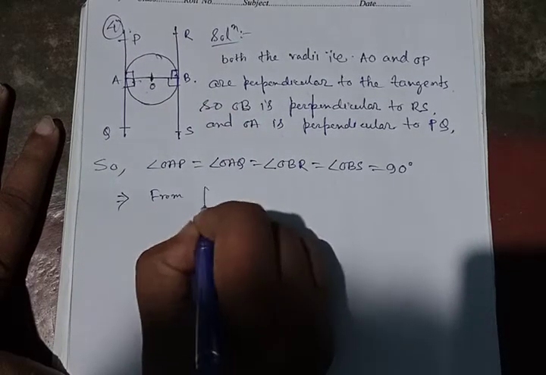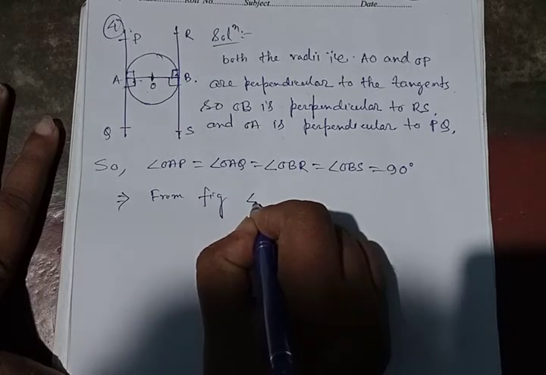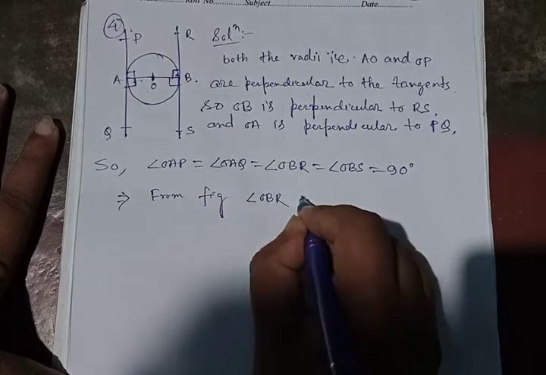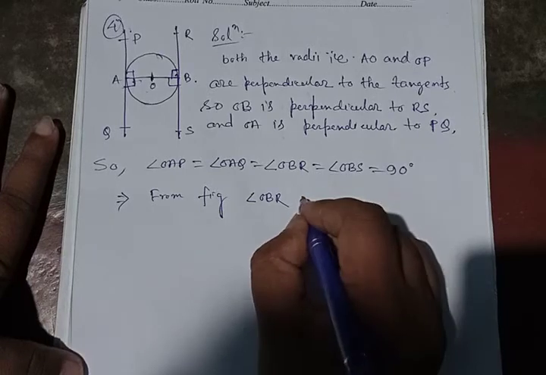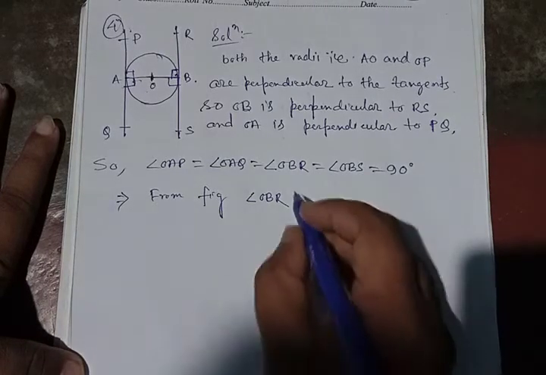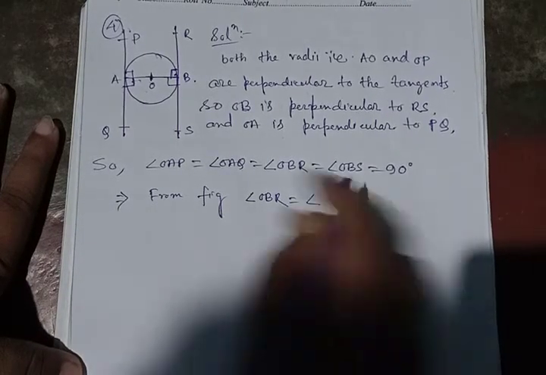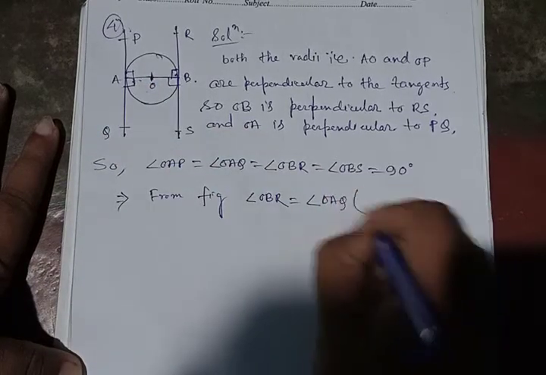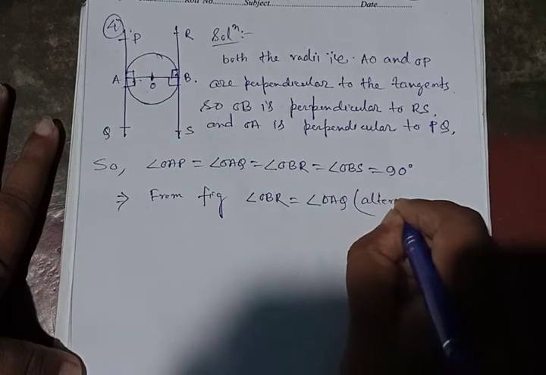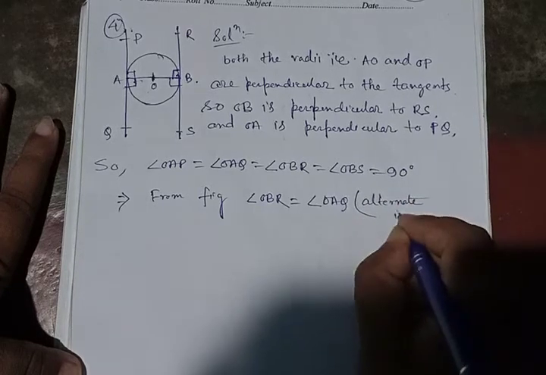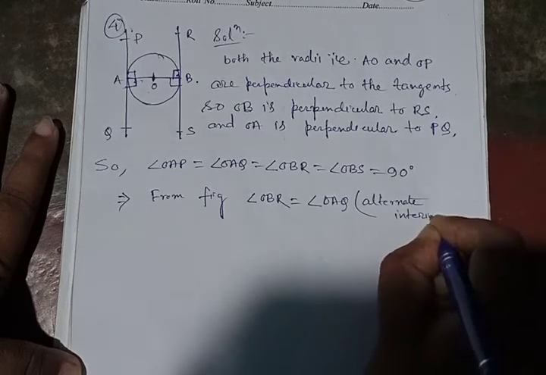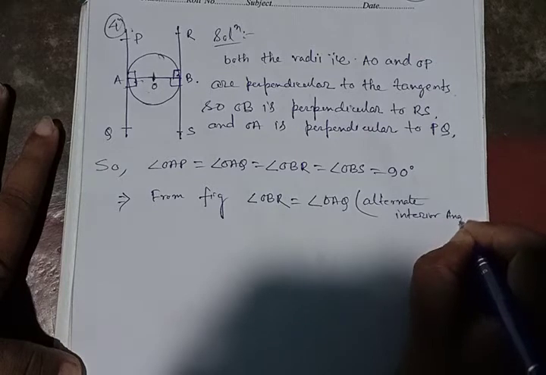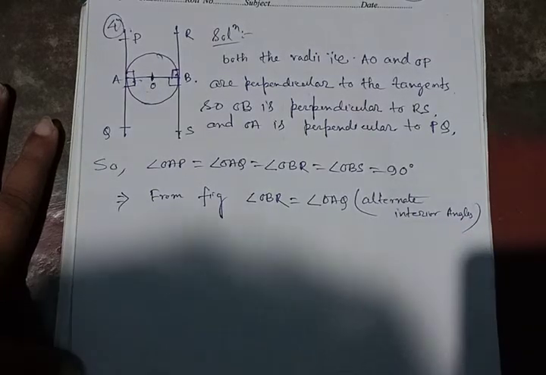Now from the figure, angle OBR equal to angle OAQ. Why? Alternate interior angles.